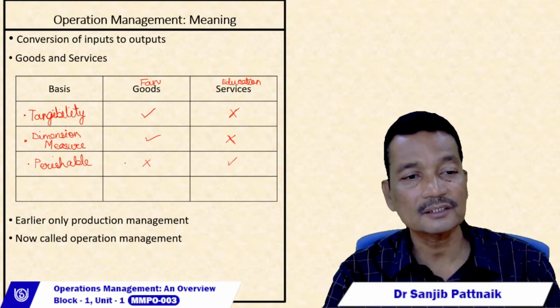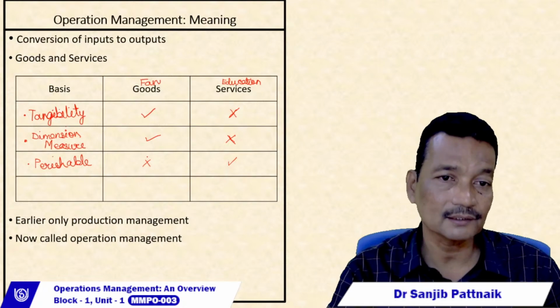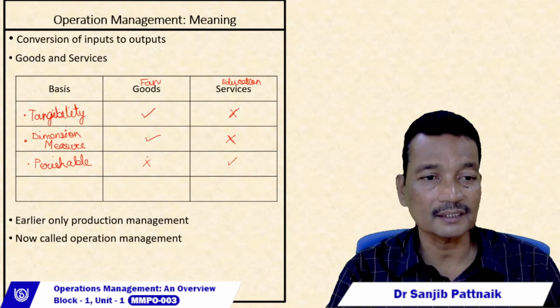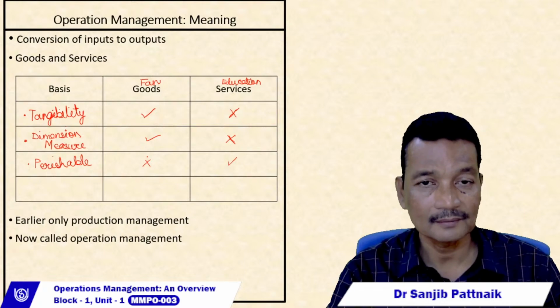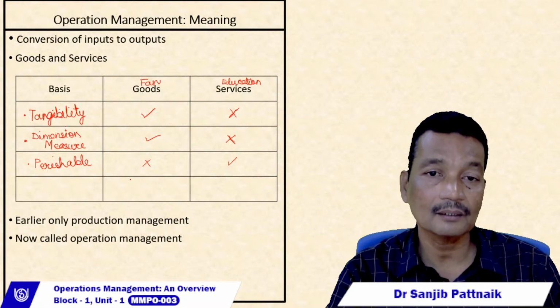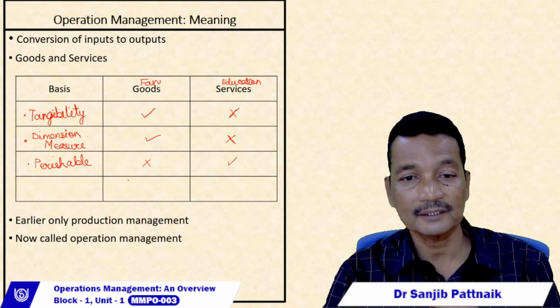Usually, many authors try to differentiate perishability for goods: anything that gets spoiled within 3 years is perishable, and anything which does not get spoiled within 3 years is non-perishable.